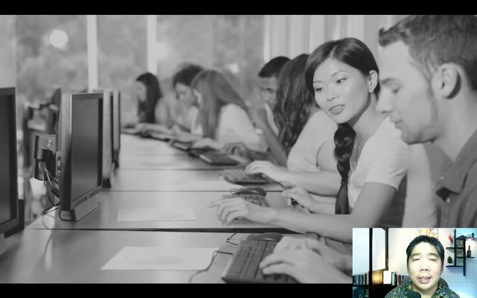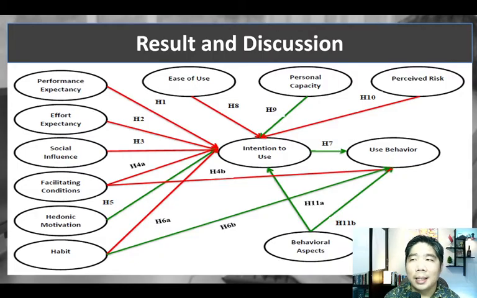As we can see on the screen, the red arrow is not significant and the green is significant. The following conclusions are obtained from the results of testing the hypotheses of the research model based on this picture. Hypothesis 1 is from performance expectancy to intention to use.